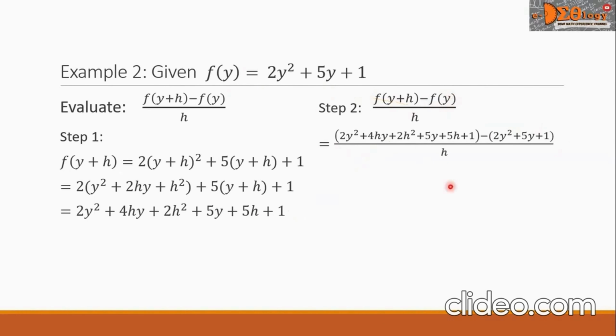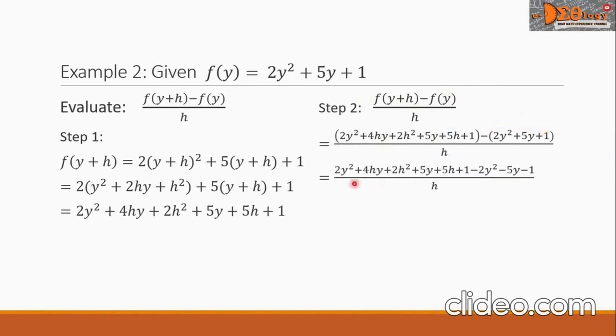We will simplify further. Let us remove the grouping symbols respectively. In the first group, which is a big group, we can directly remove the grouping symbol. While in the second group, it is preceded by a negative sign. We must change all the signs of all the terms of the second group.